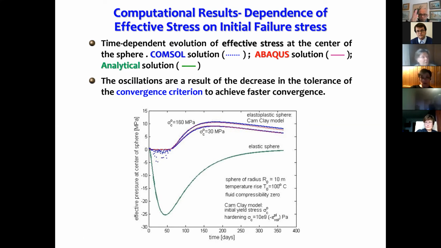In other words, I have used the COMSOL solution, which is a multiphysics code that solves the partial differential equations, and the Abaqus code, which uses the Galerkin technique to solve the partial differential equations as well. And then there's an analytical solution for a very simplified case.